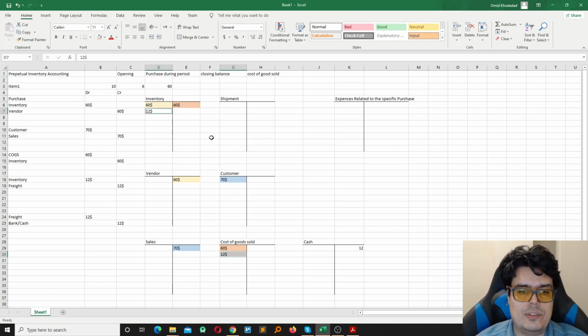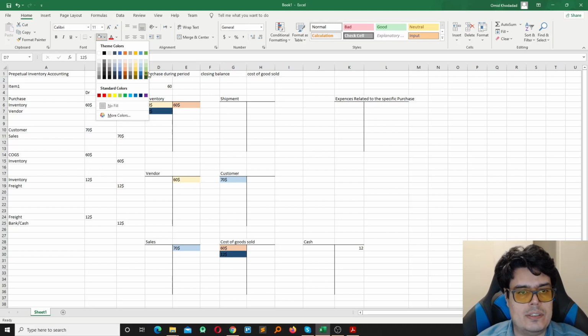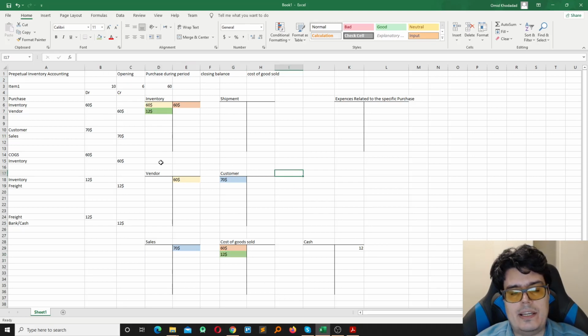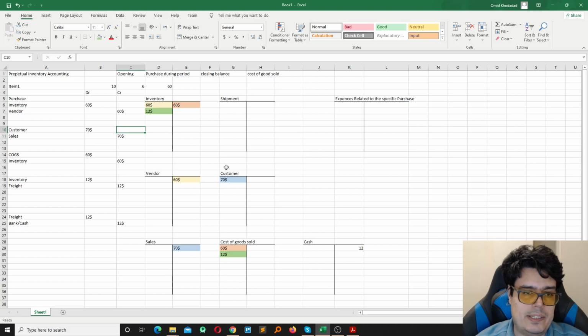These things I'm not sure about, how we can do this, but the point is that we have to have the stock valuation correct. For example, if we want to know in this state what the stock value is for these items, depending on the formula which we use to calculate the average rate, or LIFO or FIFO, we have to know exactly what the cost of this product is at any specific date.